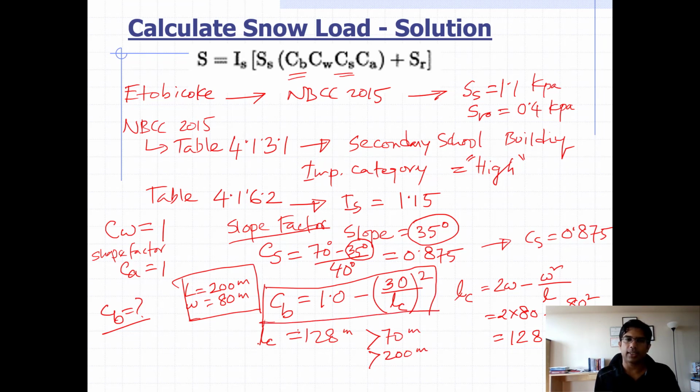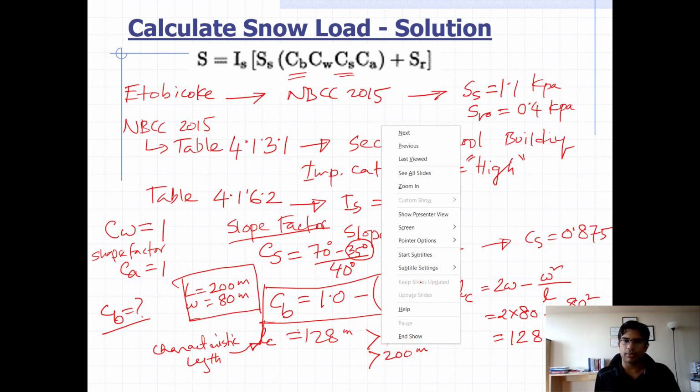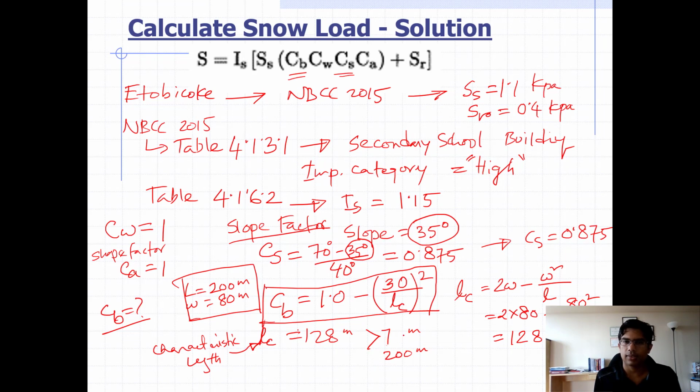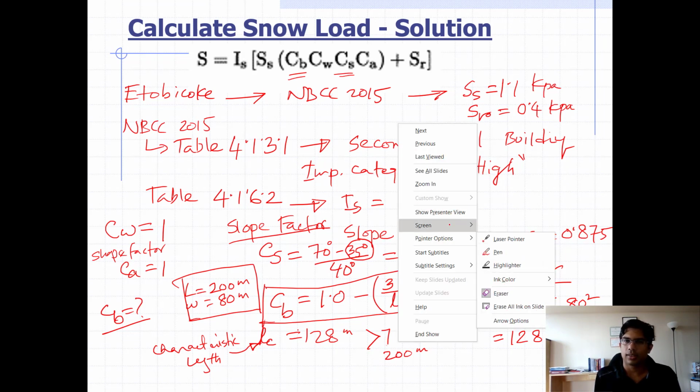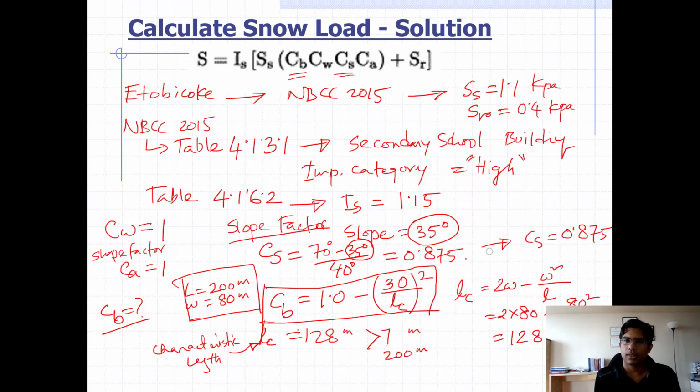Since the characteristic length LC is more than 70 meters but less than 200 meters, I made a mistake once again, so I erase this. It is more than 70 meters but less than 200 meters.